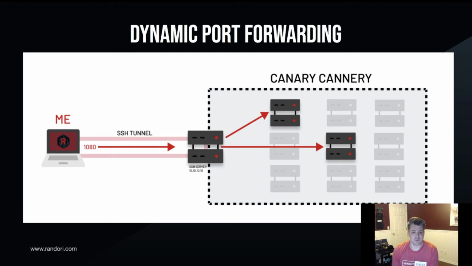I can tunnel that, just like the local forward did, over that SSH server, and then connect out to any of the systems on the other side of that SSH server. If I connect to this 1080 with something that knows how to speak the SOCKS protocol, all of my connections wind up coming out over here, and I could connect to all of these different servers on their TCP ports and browse whatever they have.